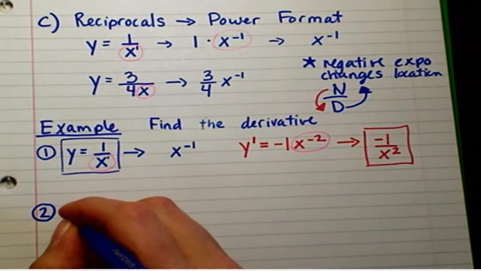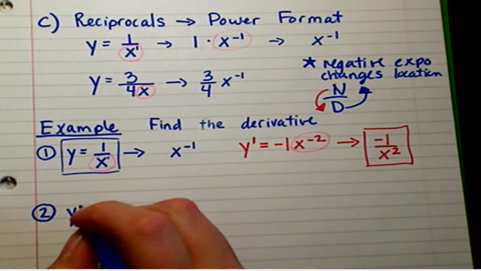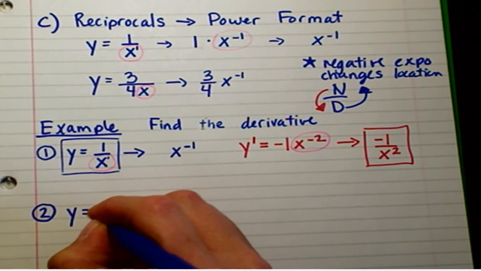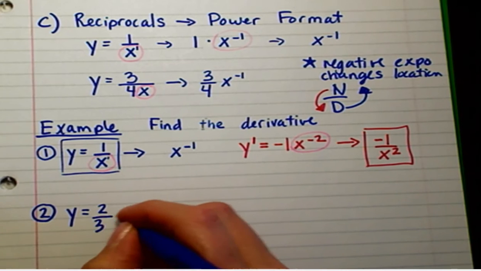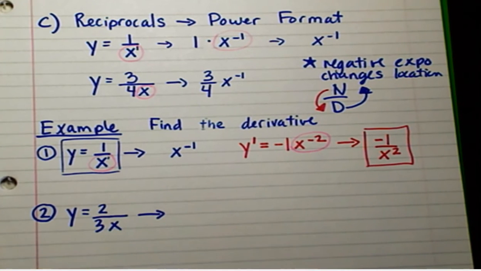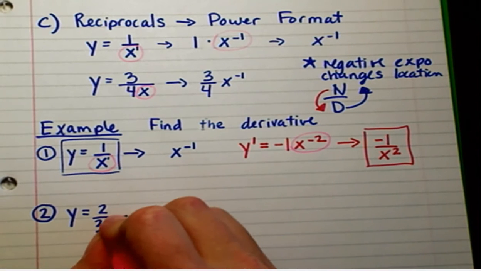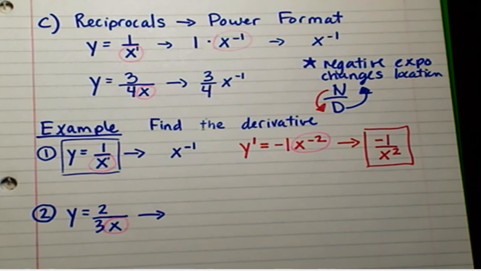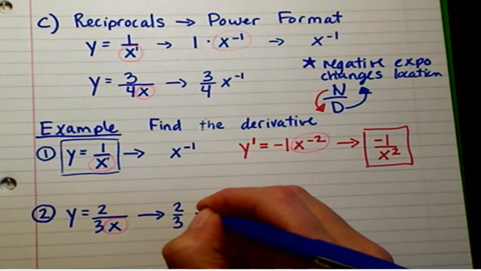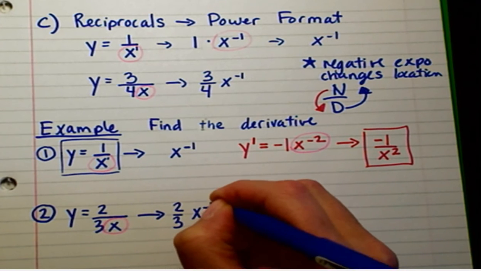Here we go. Y equals 2 over 3x. Okay, rewrite it. I'm going to circle the x because that's the only thing that has to move, not the coefficient. 2/3 x to the negative 1.